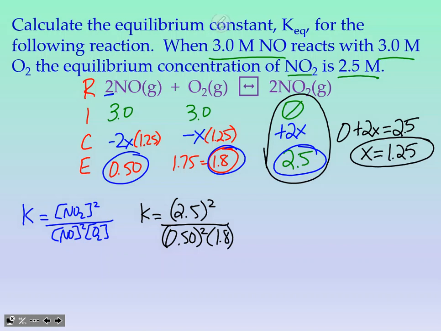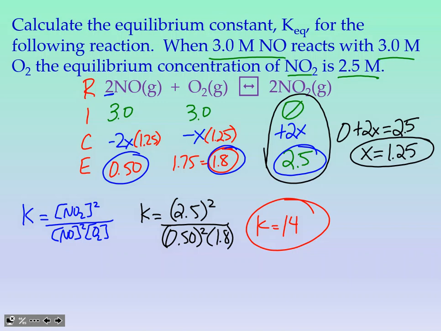And what do we get for K? 14. Good, you got 14. Very good, very good. Excellent, excellent.